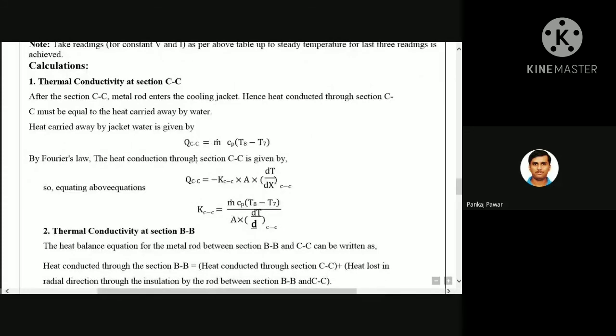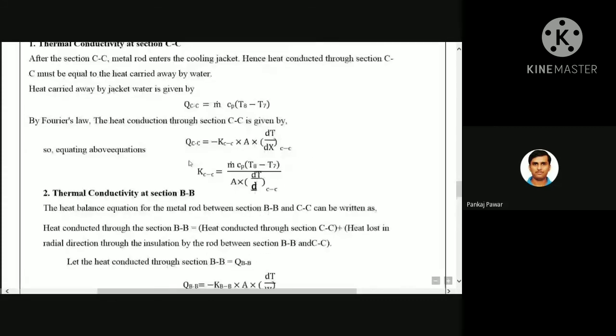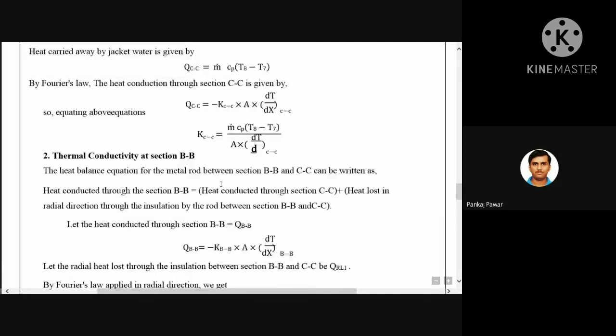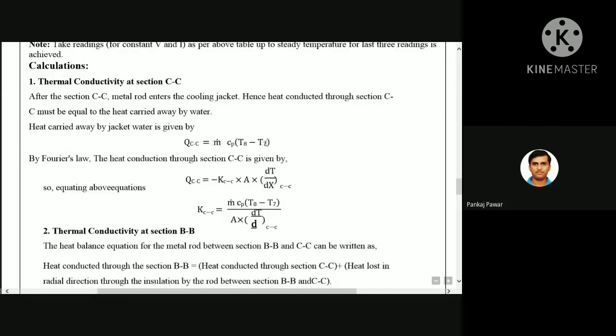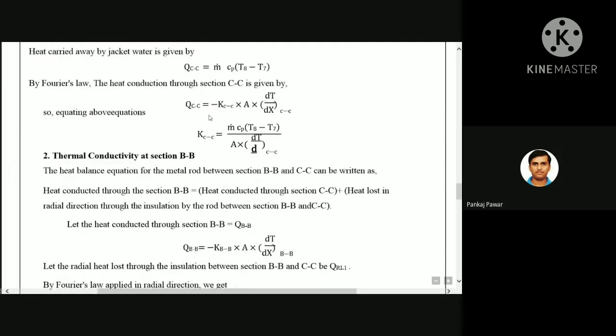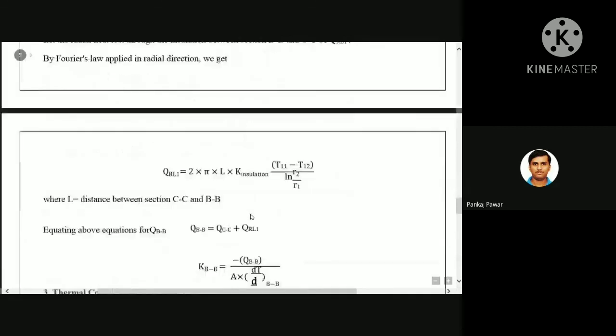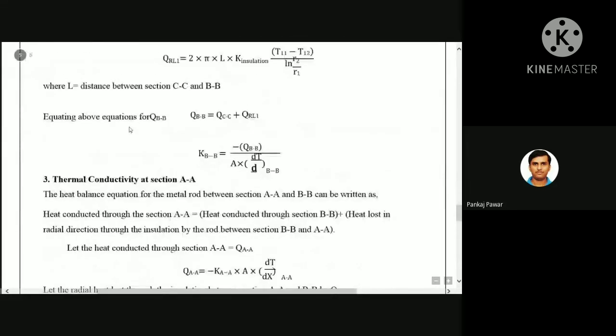We are going to find the K values at the different thermal sections, that is A, BB and CC sections. When I give you readings, at that time we will go through this calculation part in detail.